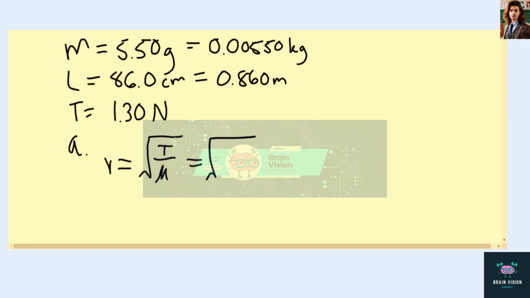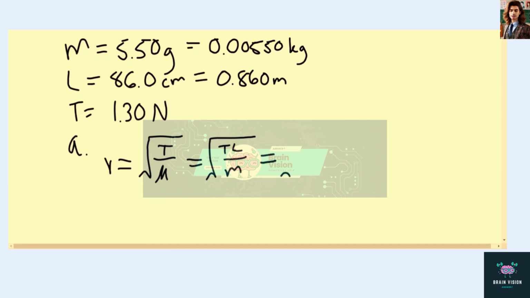So then our formula just becomes the square root of T times L over M. And if you look at the variables that were given at the beginning of the problem, they are M, L, and T, so we have everything we need to solve this part.